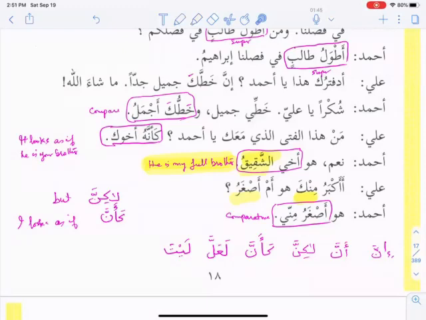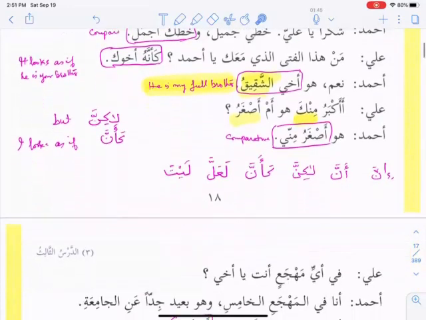Okay, my brothers and sisters. Again, same thing: asgaru. What is following it? Minni. So this is comparative. Min came, it means comparative. He is younger than me.